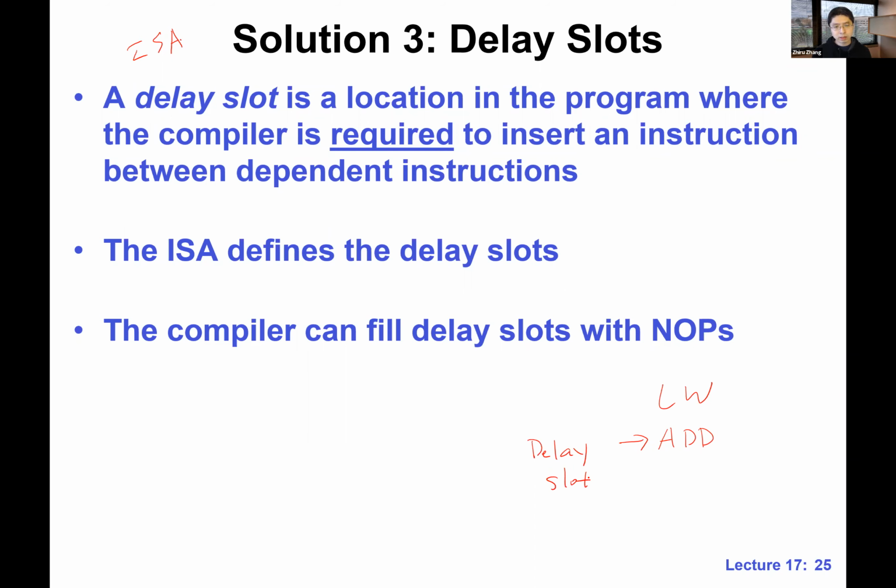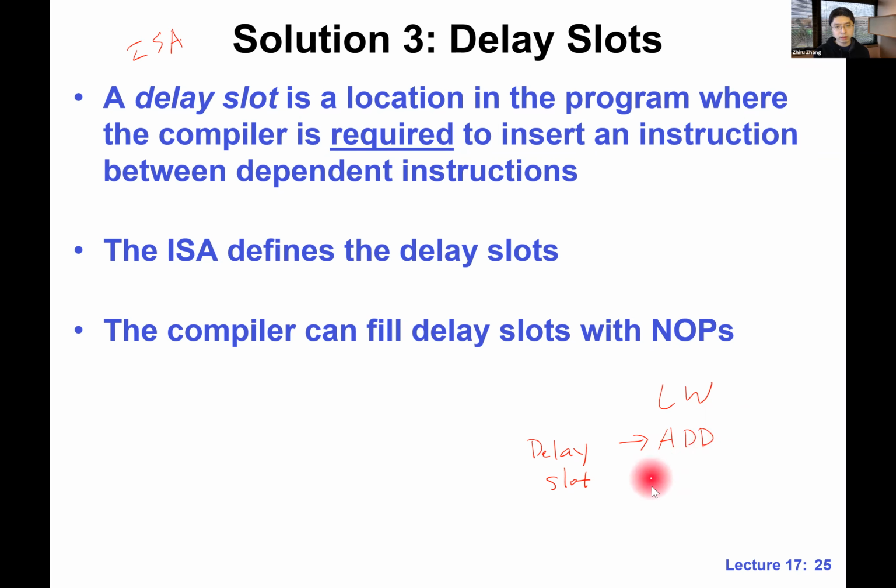But of course, this sounds kind of counterintuitive, right? What if there's a dependency, right, between load and add? So this is where the compiler needs to step in. If the compiler sees the dependency, if add is indeed dependent on this LW, then we need to insert the NOP.